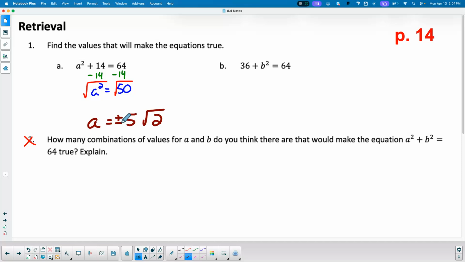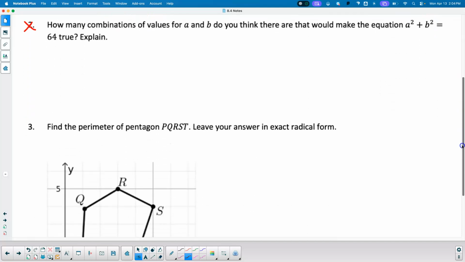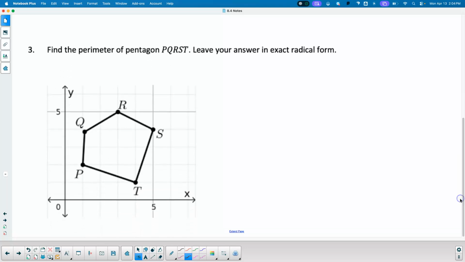Okay? So, what I would like you to do now is find me the exact perimeter in simplest radical form of pentagon PQRST. Gotta find this side length. I gotta make a right triangle. 1 and 2. So 1 squared plus 2 squared is going to be c squared.